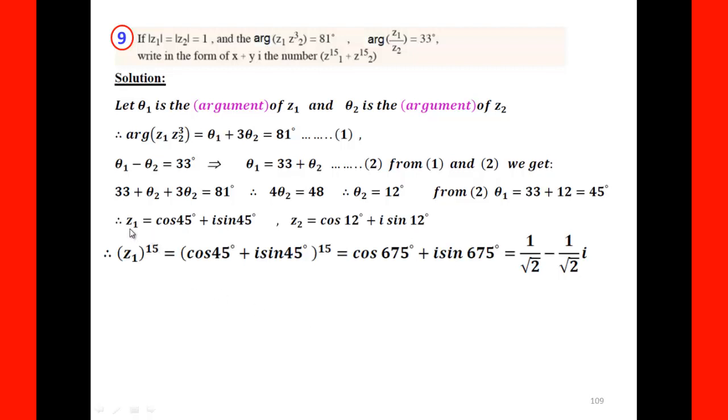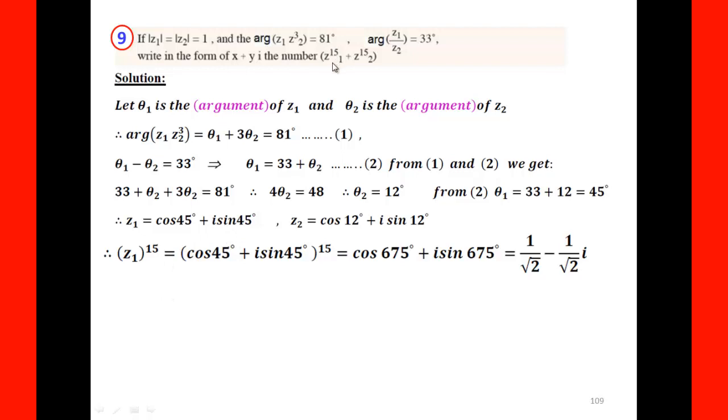So Z1 equals cosine 45 plus i sine 45, as theta 1 equals 45, and Z2 equals cosine 12 plus i sine 12. Don't forget theta 2 equals 12, so Z2 equals cosine 12 plus i sine 12, and theta 1 equals 45, so Z1 equals cosine 45 plus i sine 45.